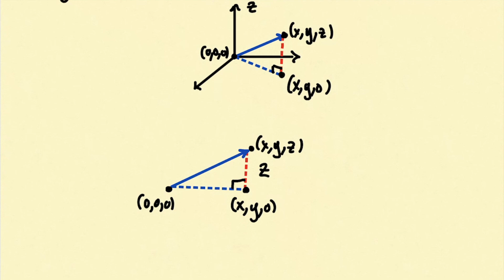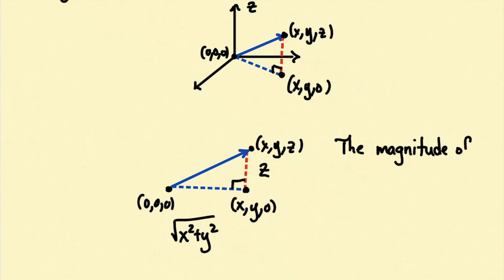And since we've already talked about how we can think about the xy plane as being the same as R2, the length of the dotted blue line is going to be the square root of the x-coordinate squared plus the y-coordinate squared. So the length of our vector, which again we call r, is given by squaring the two sides, adding them together, and taking the square root.